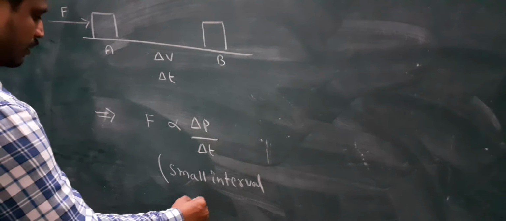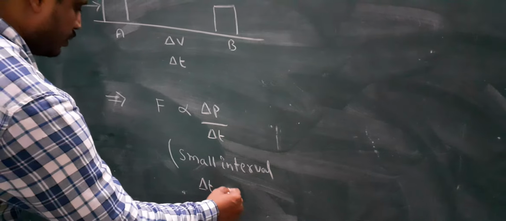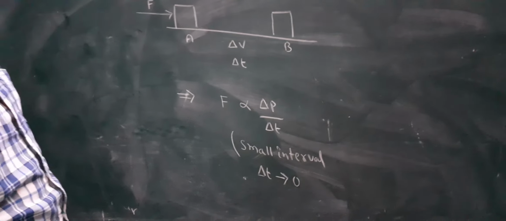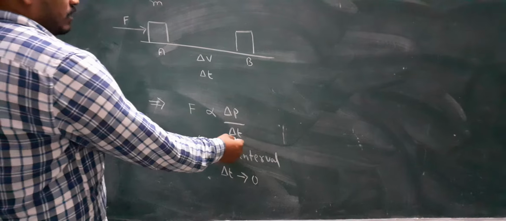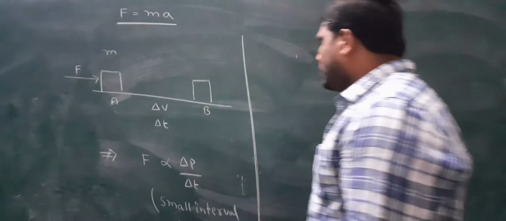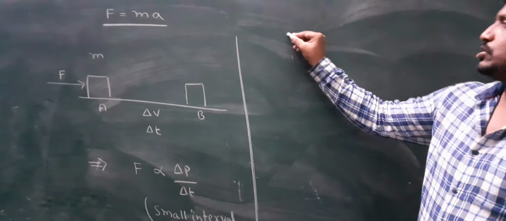Small interval of time means delta T approximately 0, simply the gap is 0.0001. That means the time interval is small.